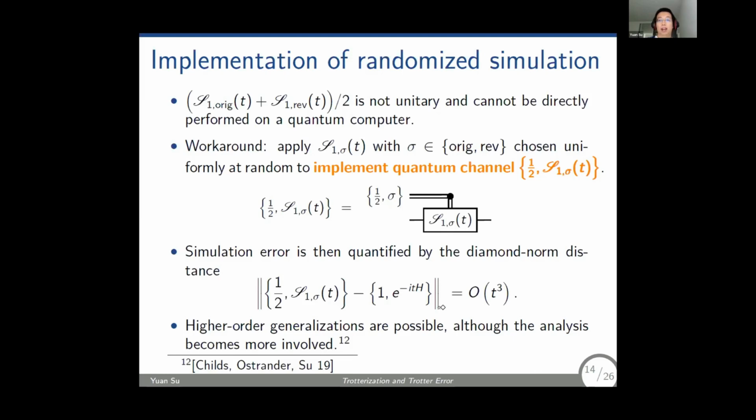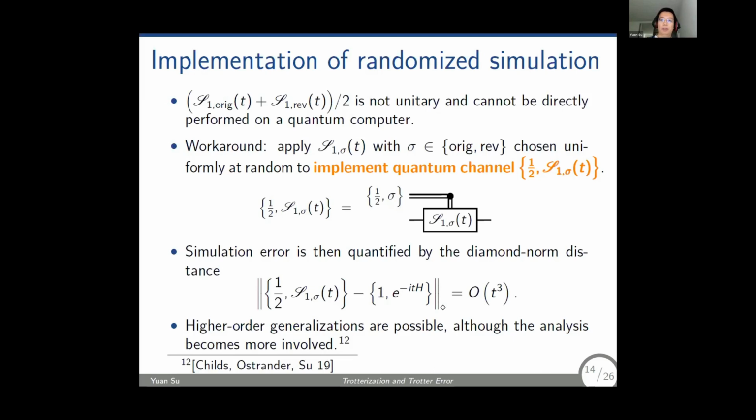If you calculate the diamond norm between the ideal evolution channel and the randomized channel, you can see that this indeed gives you a better product formula, Trotterization, with second order accuracy. This is a very special example with a two-term Hamiltonian. Of course, we can try to generalize that to more general Hamiltonians and higher order formulas, although the analysis is more involved, which I don't want to go into in this talk.